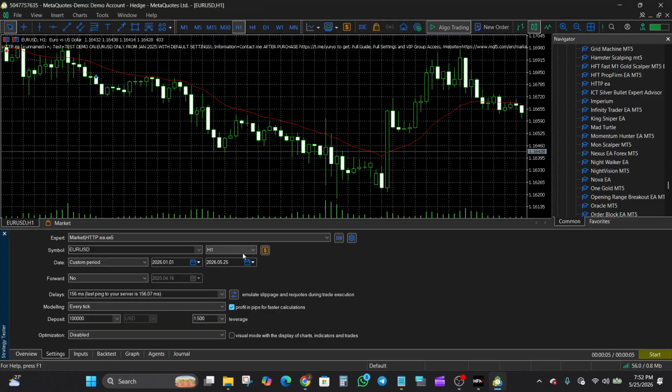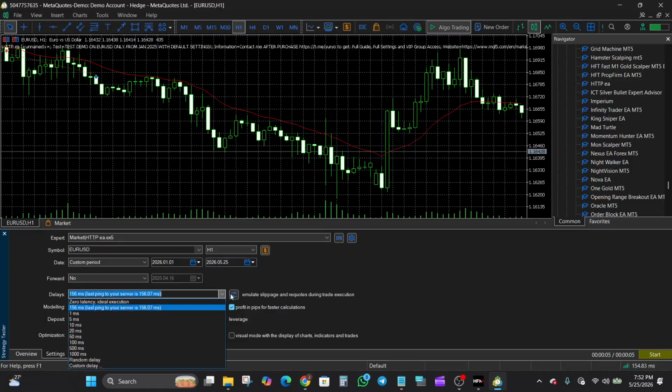All right, so we'll just use the H1 time frame. We're running the test from the beginning of this year till date so that we can capture notable market data for the backtesting. And for the delays, we are using the last ping to the server. We are also using the every tick modeling.